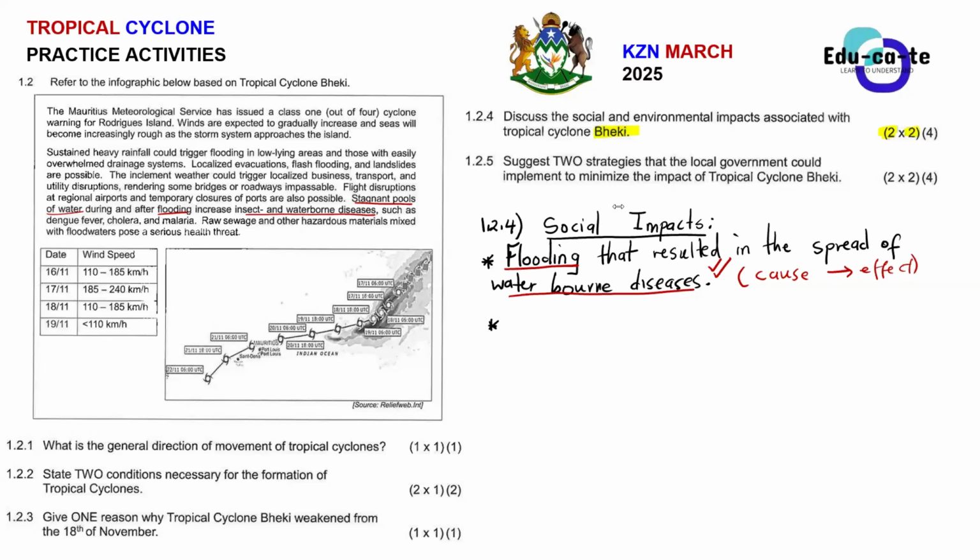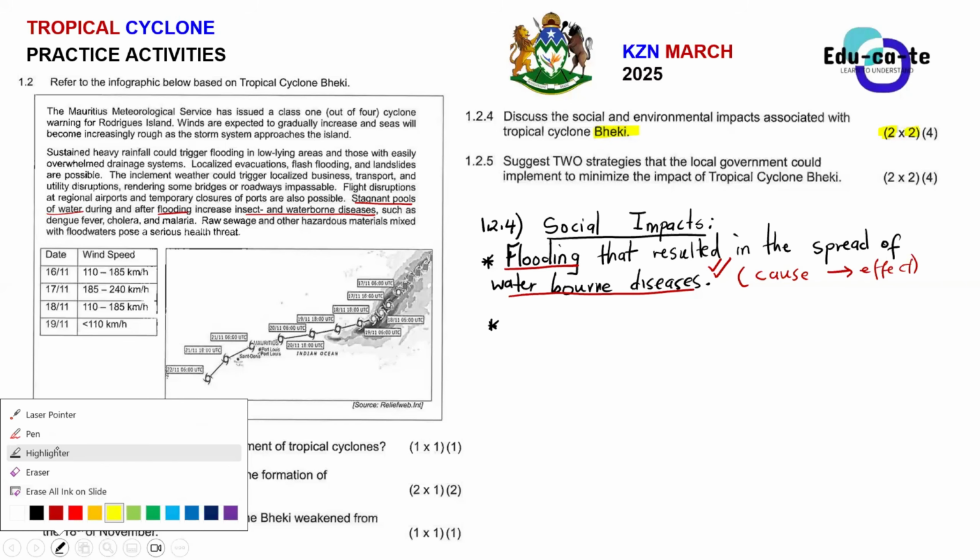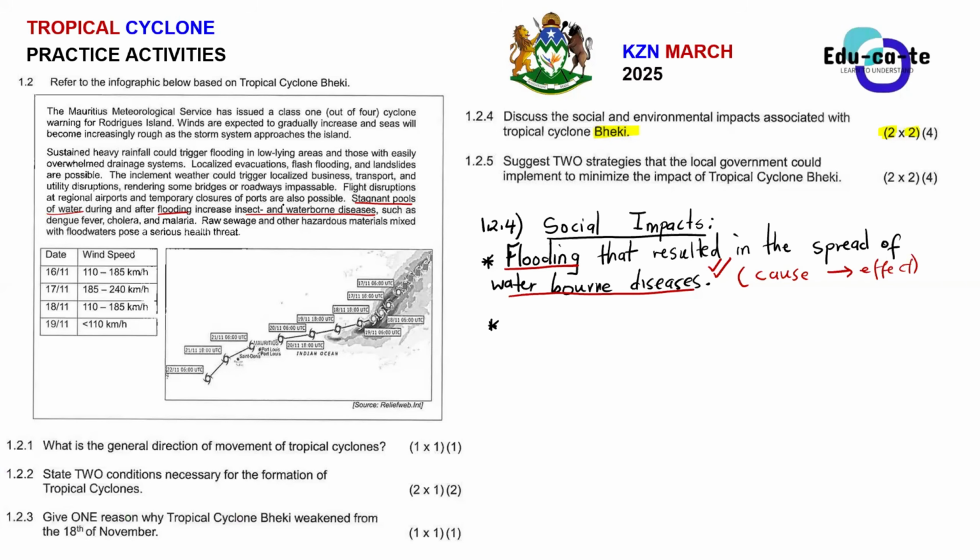That says disruption of transport services, sir. Yes, guys, the disruption of transport and business services. I think I saw it somewhere here. Where is it? Yeah, it is here. The inclement weather could trigger localized businesses, meaning that this high weather, such as strong winds, is actually disrupting local businesses, such as the transport as well.